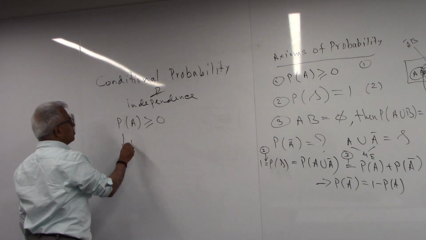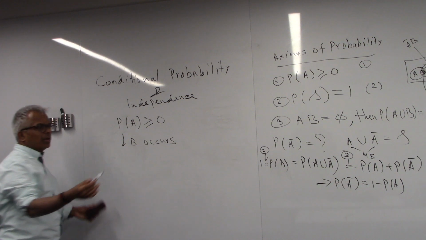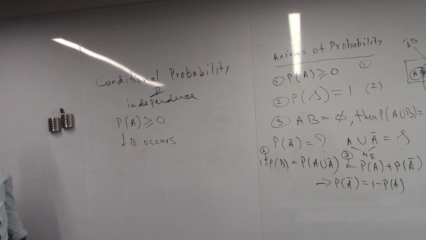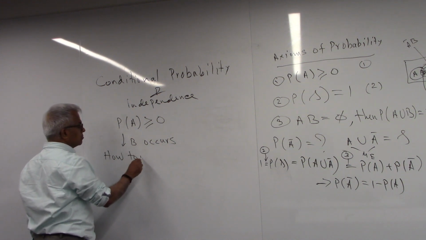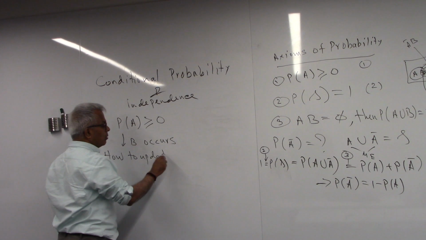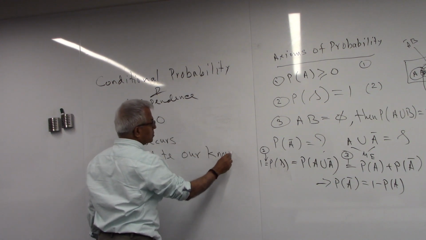Then some event B occurs. We do an experiment and we observe something, so we know for sure that something has happened. So the question is how to update our knowledge about A.